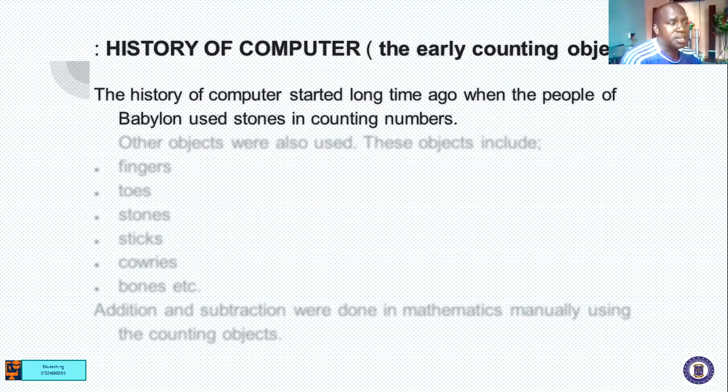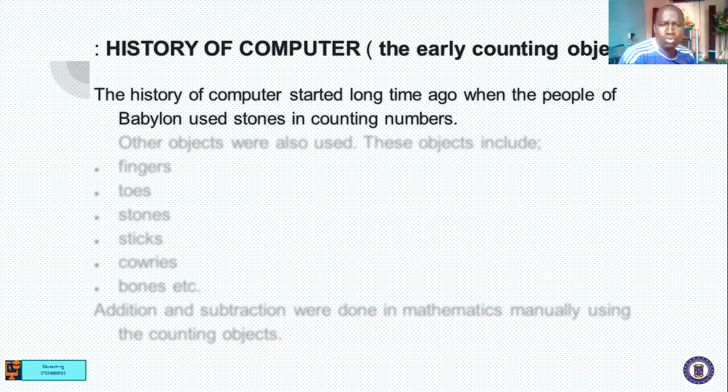Farm A, if I have like 50 tubers of yam, I'll begin to count and keep counting objects up to 50 for farm A. Then farm B, let's say 20. Then farm C, 30. So that is how I will count objects according to the number of tubers of yam in each farm.